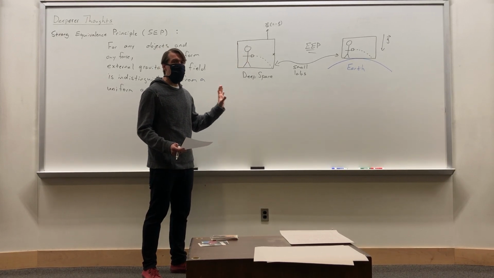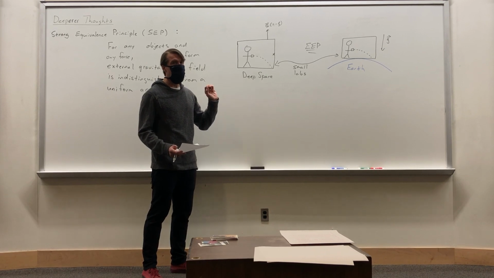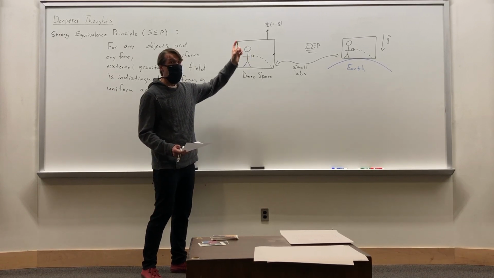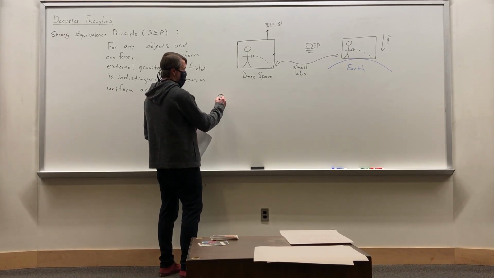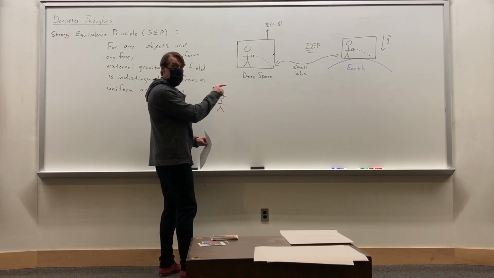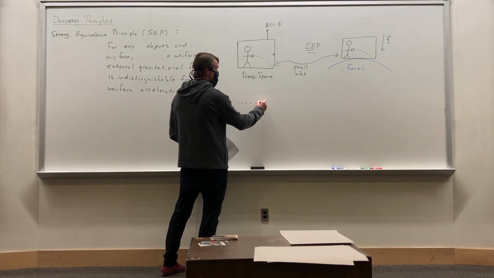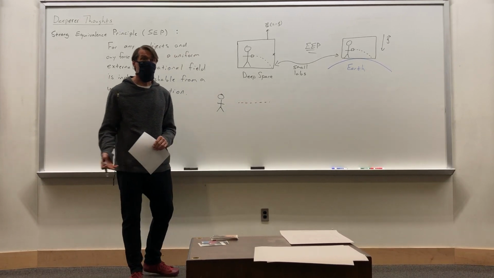Well, when you say an external observer, what do you mean? A different inertial frame. This is not an inertial frame. This guy's accelerating upwards. He's not inertial. An inertial observer, if they watch the guy shoot the laser, they would see the laser go straight. Because that's what all inertial observers see.